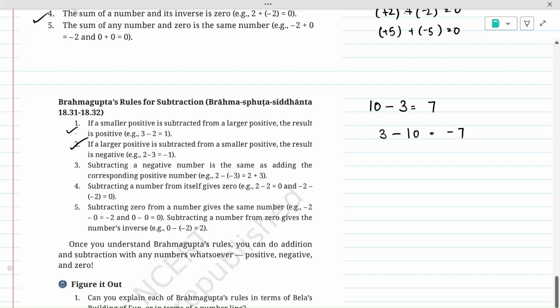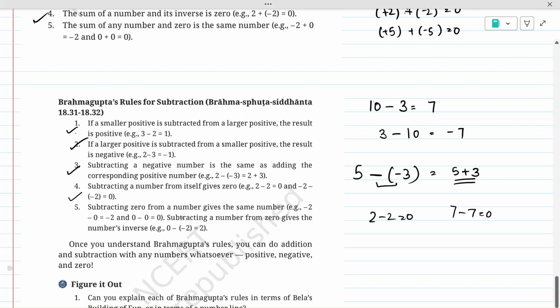Now, subtracting a negative number is the same as adding the corresponding positive number. So if you are subtracting a negative number like this, it is equivalent to adding a positive number. Next, subtracting a number from itself gives 0, which we know: 2 minus 2 is 0, 7 minus 7 is 0, right?